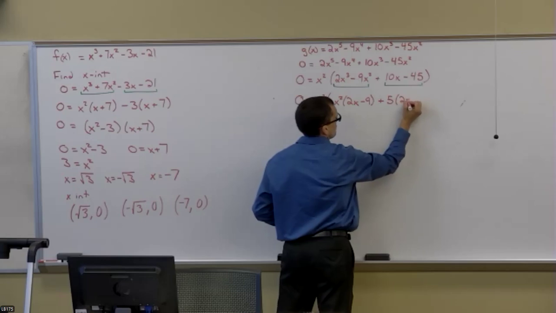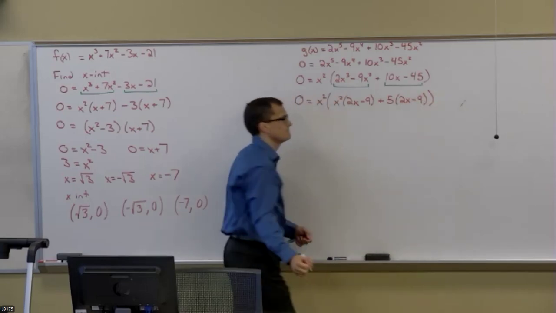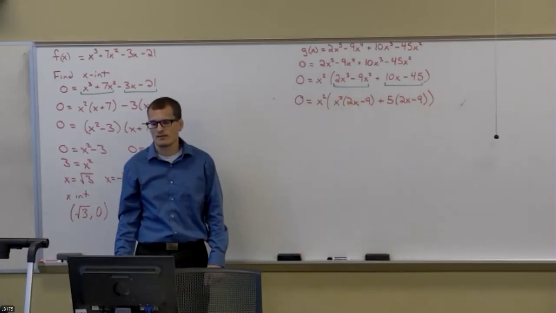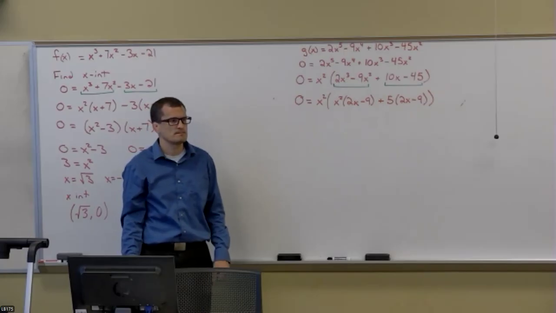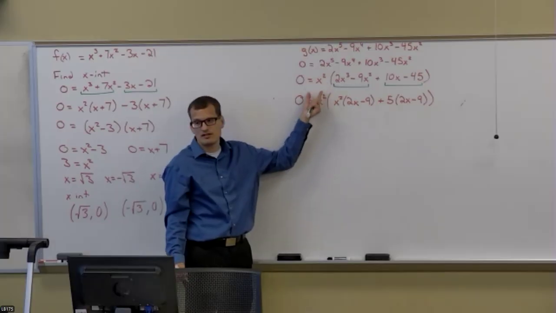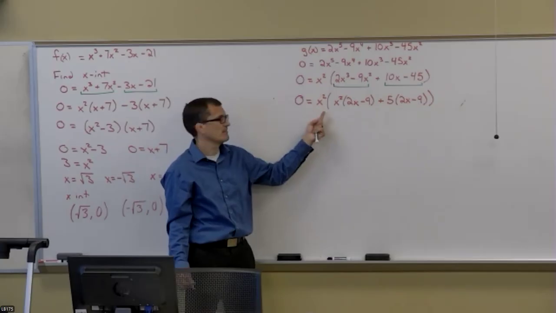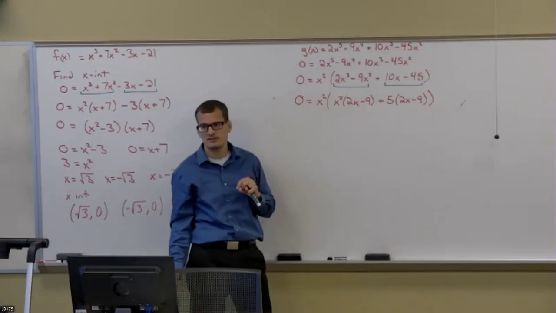And then I'll be left with 2x minus 9. You see what I did there? This x to the second power has to stay in front. I have to simplify what's inside here before I deal with that.